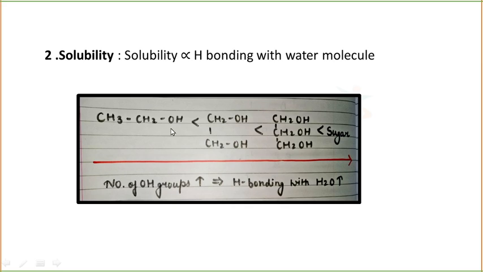This particular example has one OH, so it has the least hydrogen bonding, while this compound has 2 OH. This compound will show more hydrogen bonding. And as you move from ethanol to sugar, the number of hydrogen bonded atoms increases. That's why the solubility also increases. As the number of OH groups increases, hydrogen bonding with H2O increases and the solubility increases.